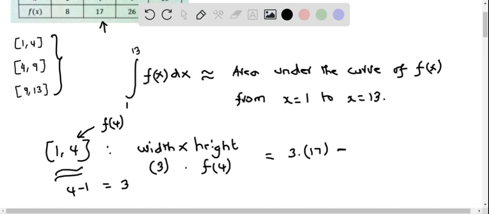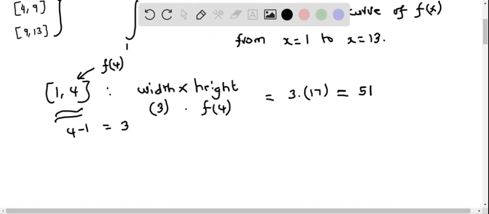Let's calculate this. I plug it in the calculator. This is 51. So we found the area of the rectangle for the first sub-interval 1 comma 4. So likewise, we have to find the area of the rectangle for the other two sub-intervals.